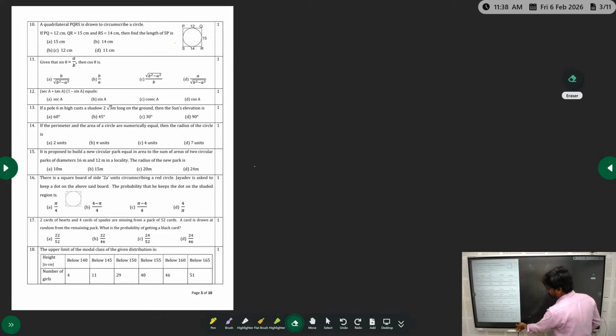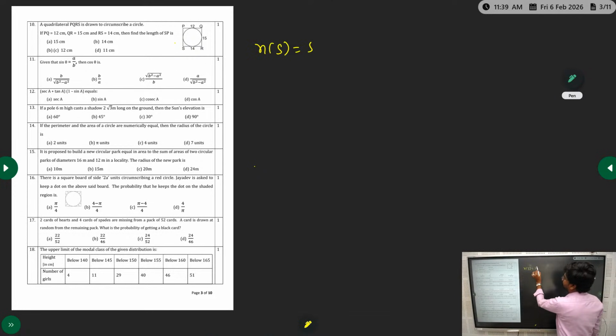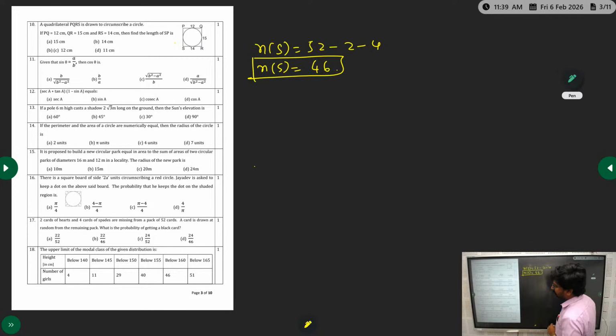Let me do the steps now. n(S) is 52 minus 2 minus 4, which is nothing but 6, and the answer is 46. Total number of samples. And in black cards, total black cards are how many? 26.